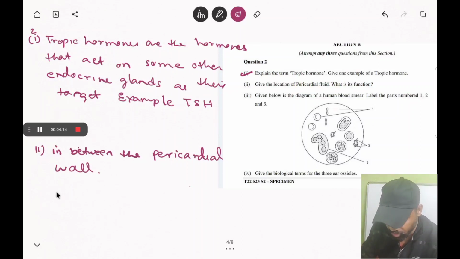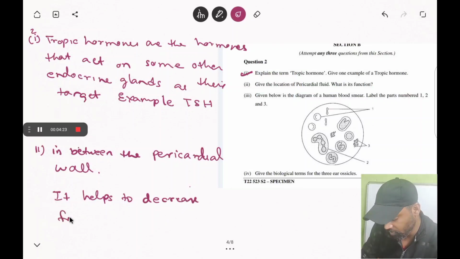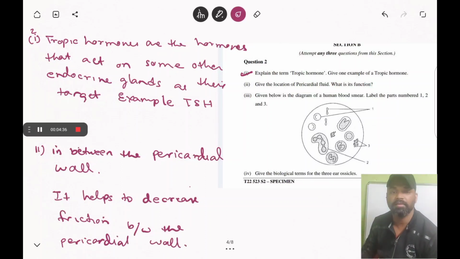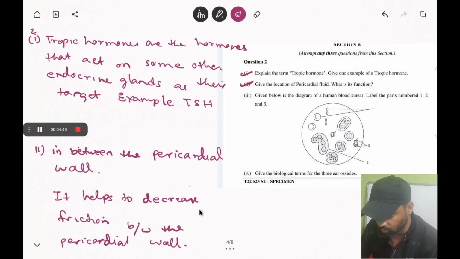And state its function. It helps to decrease friction between the pericardial walls. Done. Very easy.